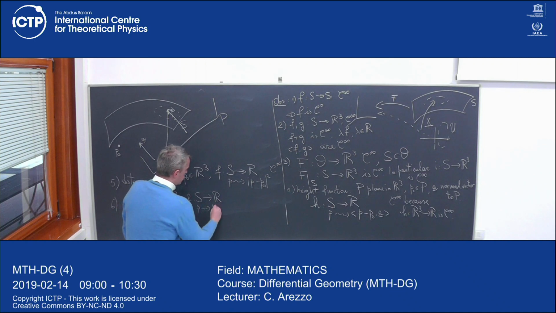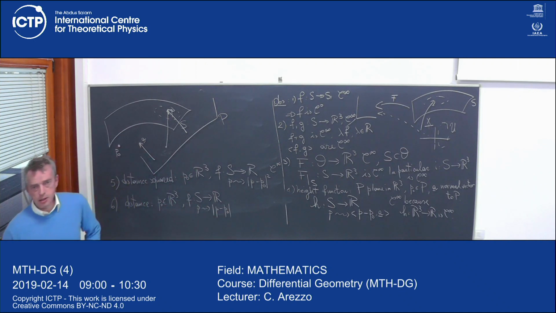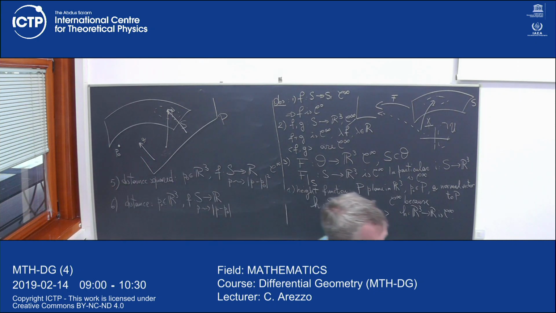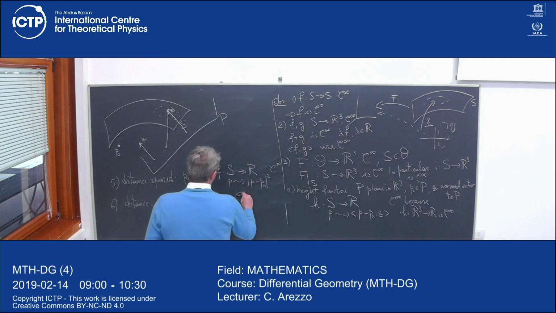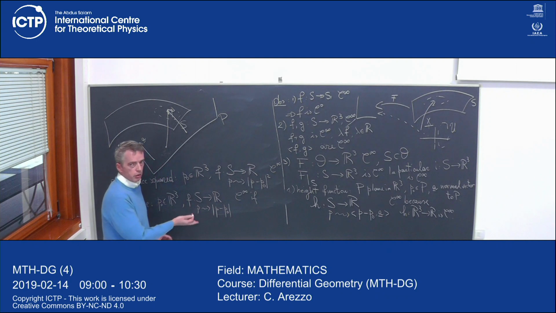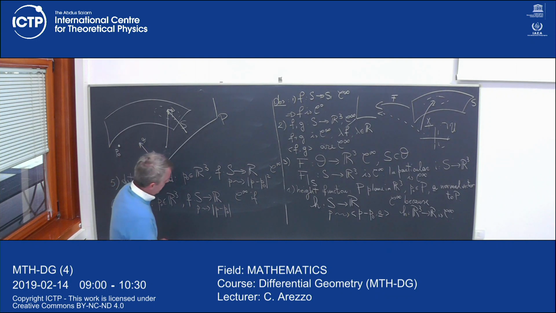If we don't square, and that's the distance, is this going to be smooth? In general, no, because again, it's the square root of something. So how do I make sure that this square root doesn't create problems? Well, just assuming that P naught is not in S.